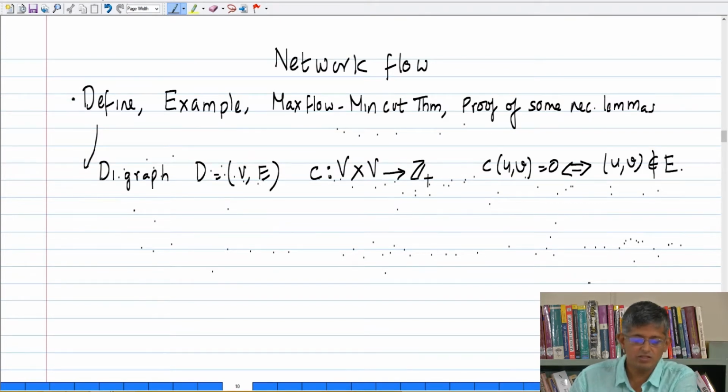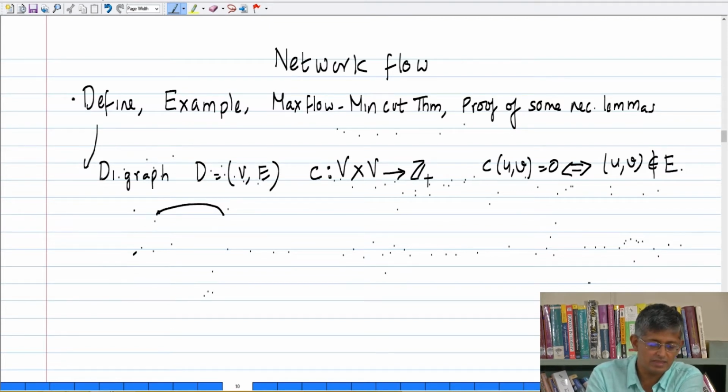We'll also make one more assumption on the diagram, that in the given graph there are no parallel arcs. In other words, there are no arcs which look like this.